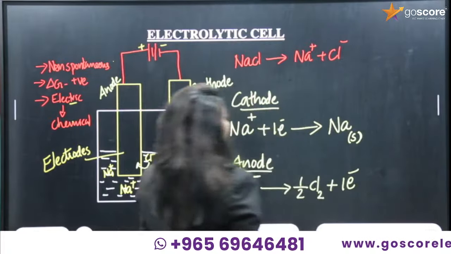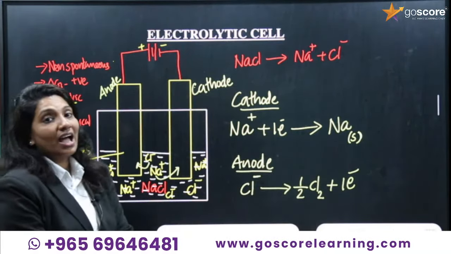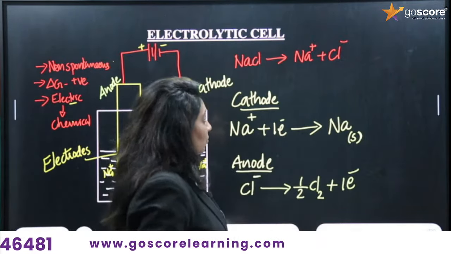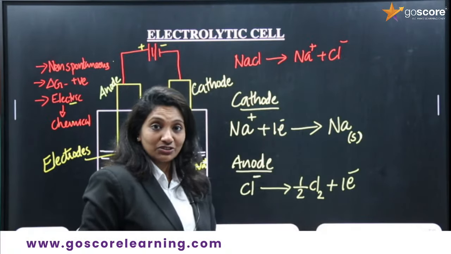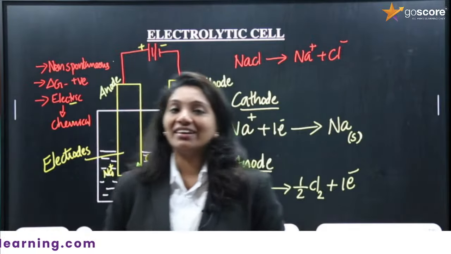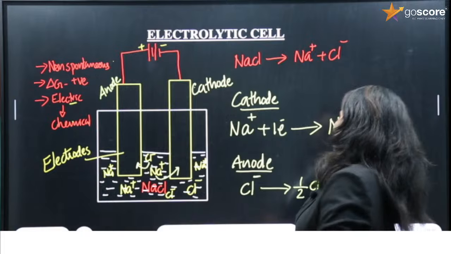So see what is actually happening at the anode. At the anode, there is a loss of electrons, right? We have learned in the redox reactions chapter in grade 12 that oxidation is the loss of electrons, right?